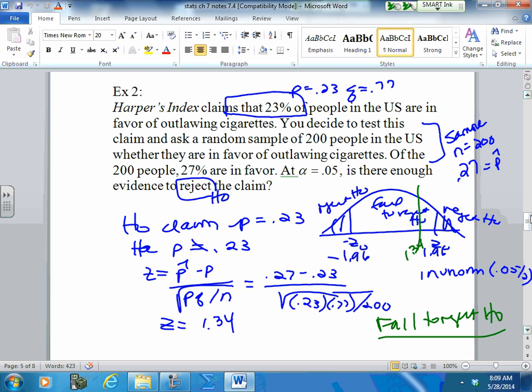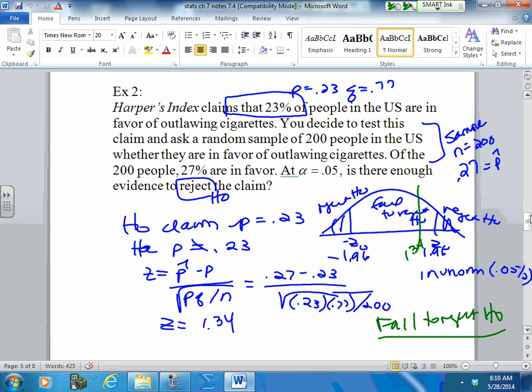Technically, you agree with it, right? So follow your chart though. There's not enough evidence to reject the claim that 23% of the people in the United States are in favor of outlawing cigarettes. Okay?